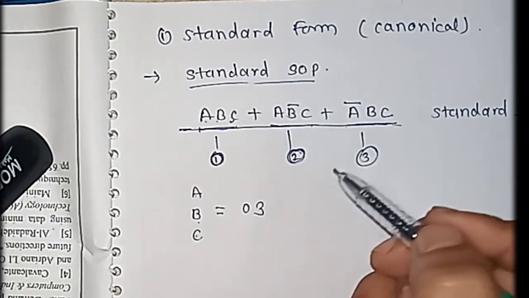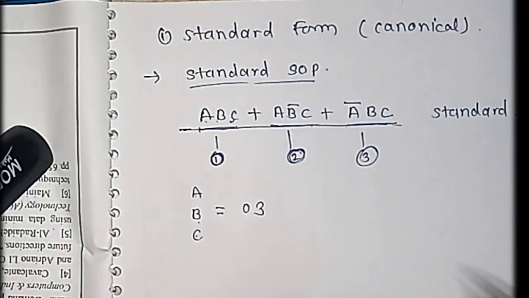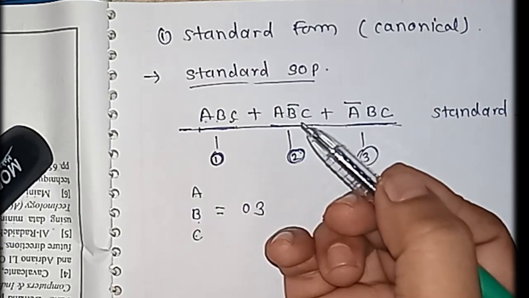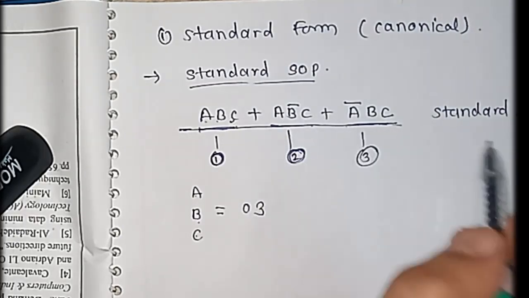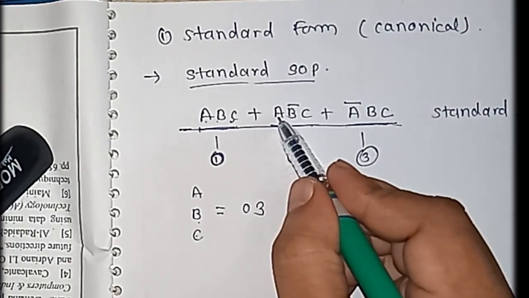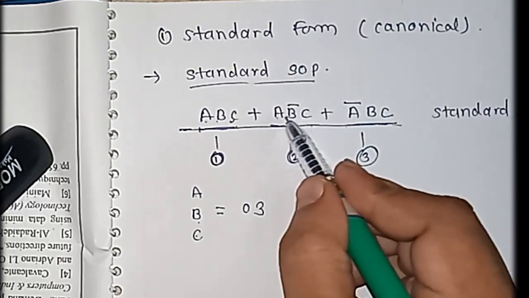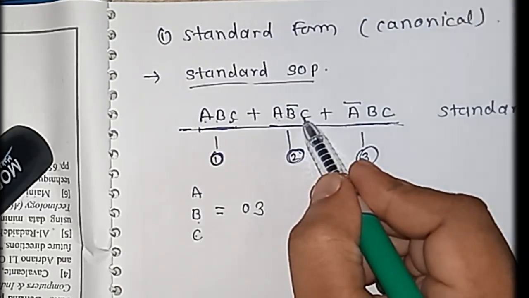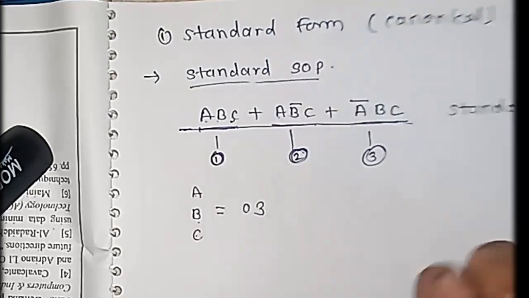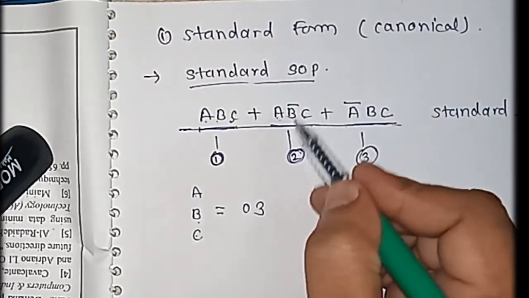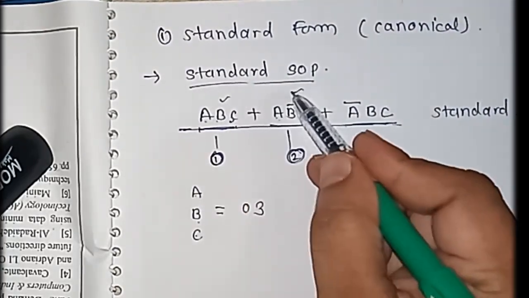As per the definition, we want either the original value of that variable or its complement, there is no issue. So AB bar C has all the literals in complemented or uncomplemented form, so it is also a valid product term.